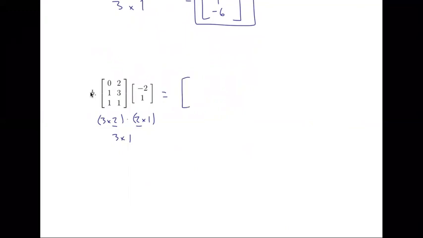So 0 times -2 is 0. 2 times 1 is 2. So that's this row times the column, corresponding entries. 1, 3 times -2, 1. So we have -2 plus 3. And then we've got 1, 1 times -2, 1. So -2 plus 1.